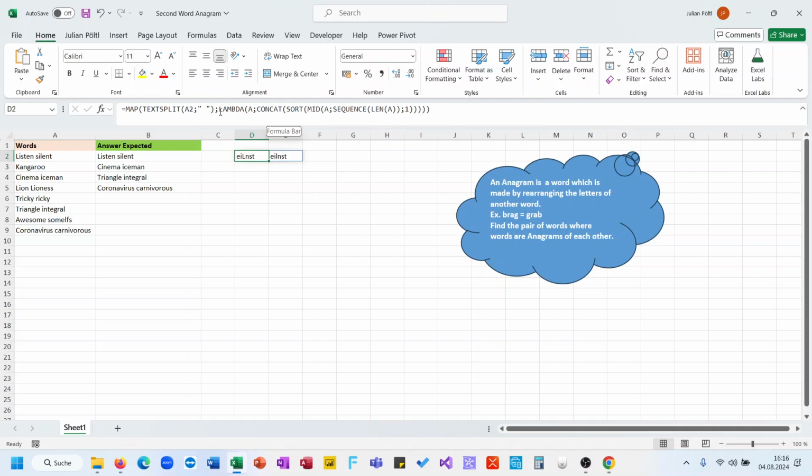Sort them, concatenate them, and then you see both words, the letters are sorted, then they should be in the same order.